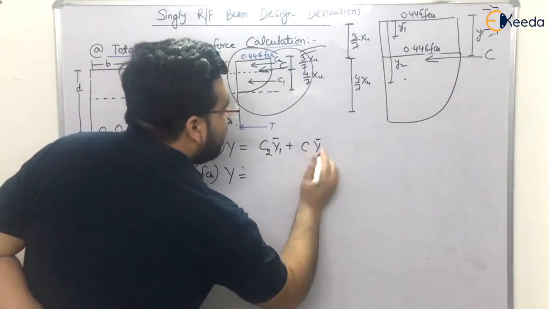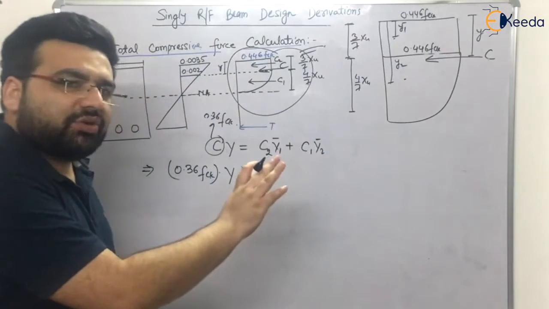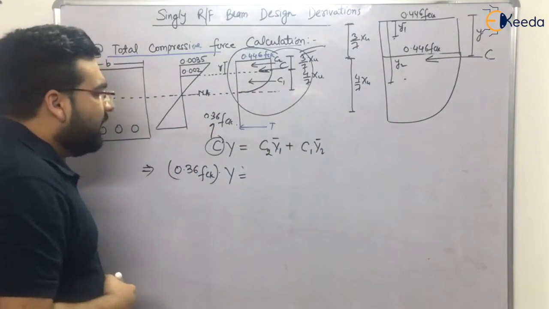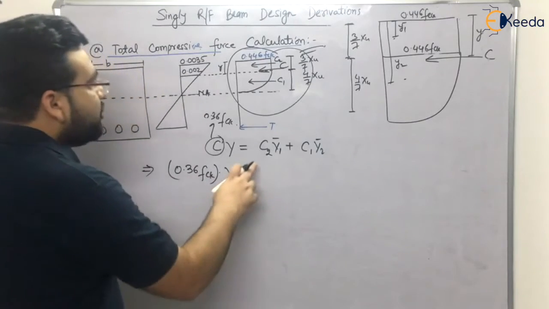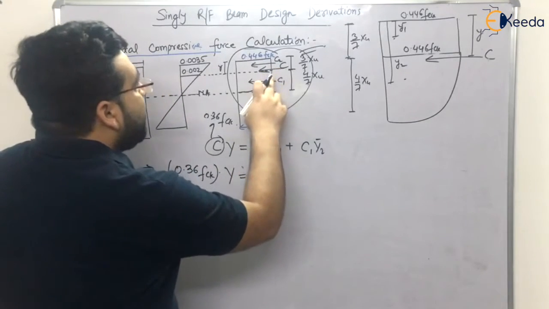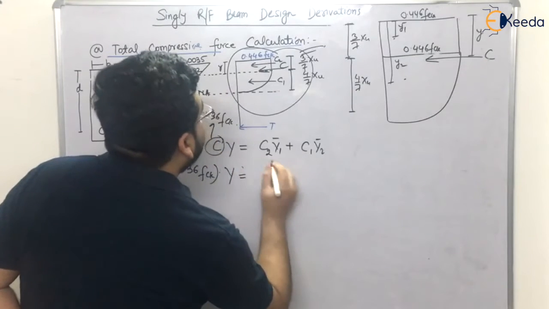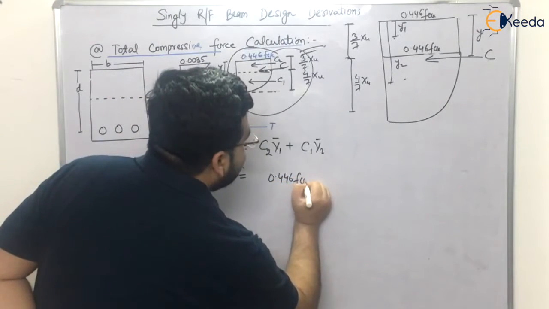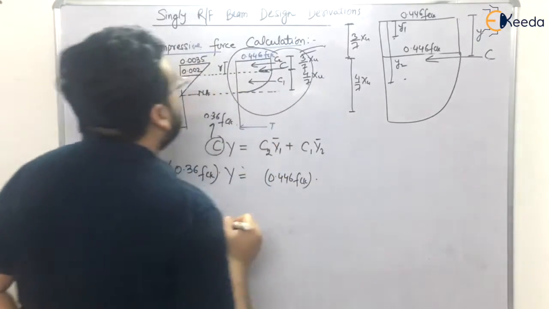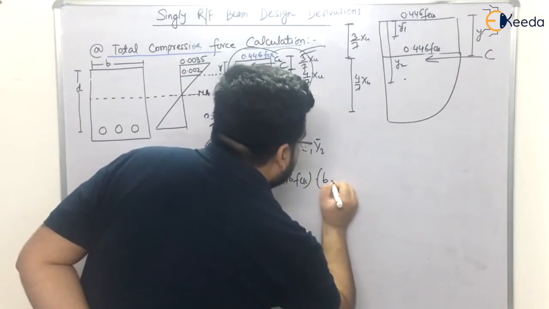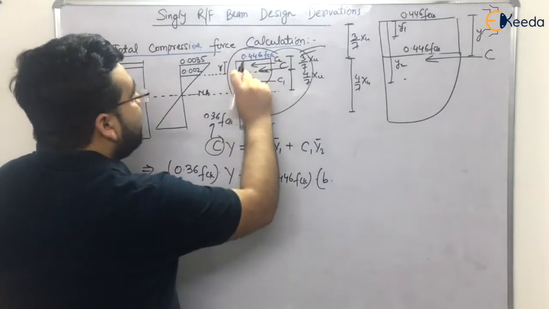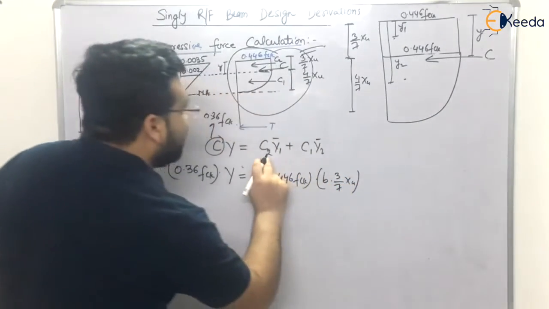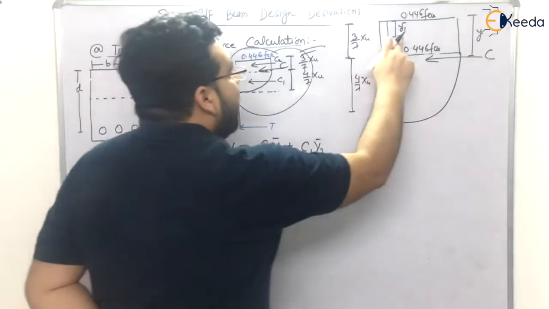I guess you have understood, right? I just wrote it C1, C2, you can write anything, just for the concept point of view, okay? So C2 will be equal to 0.446 FCK into B into this distance 3 by 7 XU. This is C2 and into Y1. So Y1 is how much?